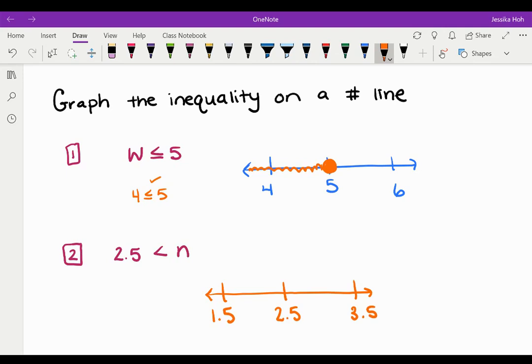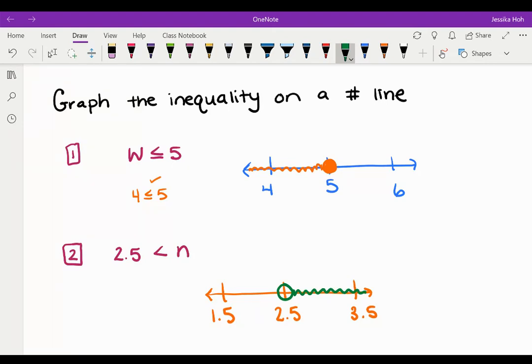Right now my inequality has a less than symbol, so I'm going to do an open circle. It's saying that n is greater than 2.5, or you can say 2.5 is less than n. So n has to be greater than 2.5, and I'm going to shade in this direction.